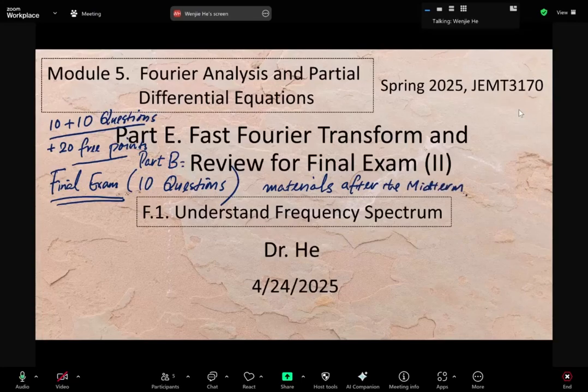Otherwise there would be too many questions. Even after the midterm, we have many question types. After the midterm, remember we have 2 assignments.